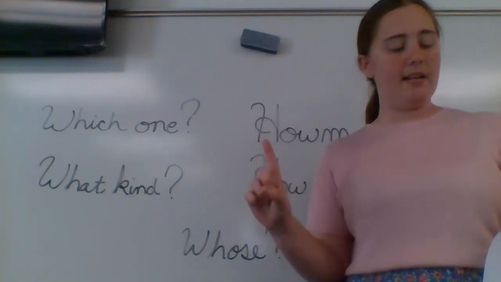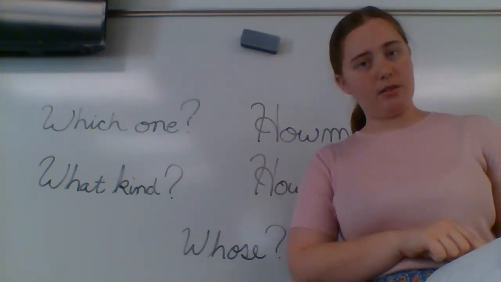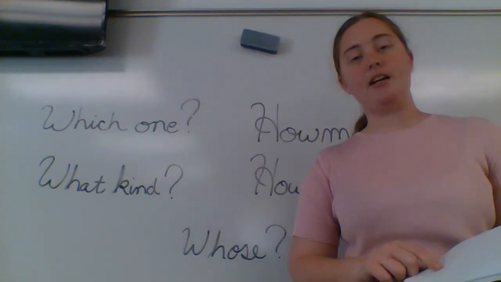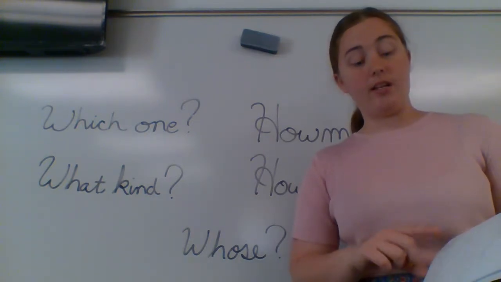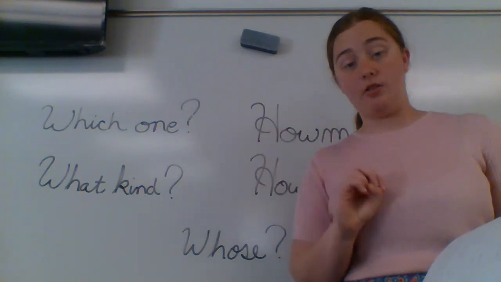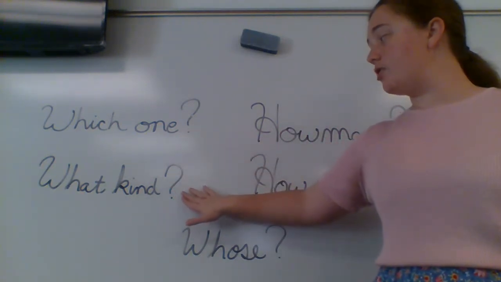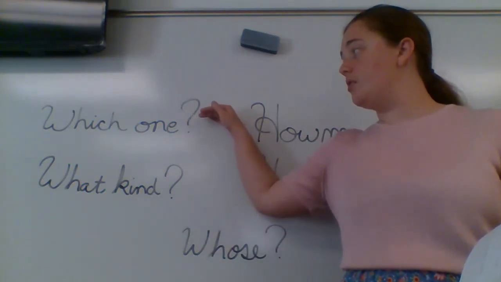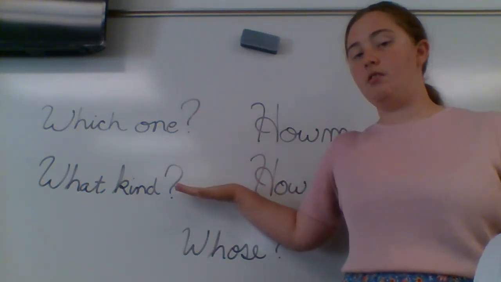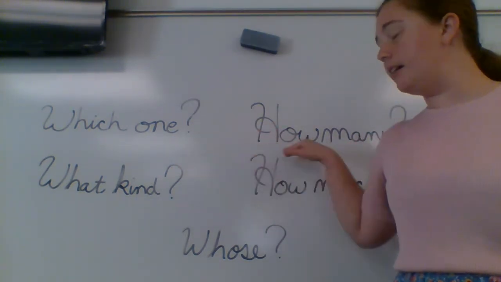And how many adjectives do they want you to use for the word shoes? Look at the instructions. Right, they wanted you to use 2 adjectives. There's 2 adjectives they want you to use, and there's 3 adjective questions. So something you can do: you can use which one and what kind, or you can use which one and how many, or what kind and how many.